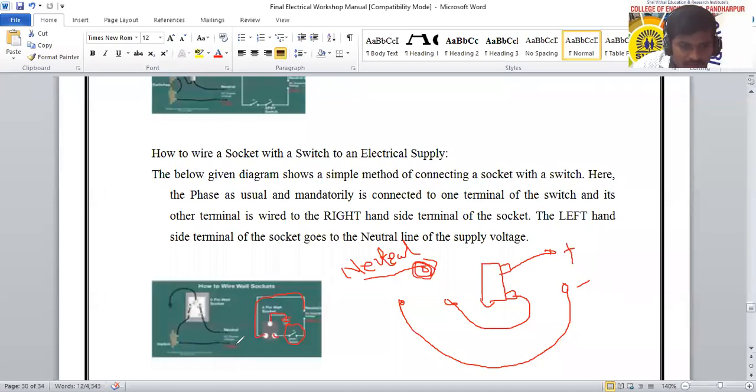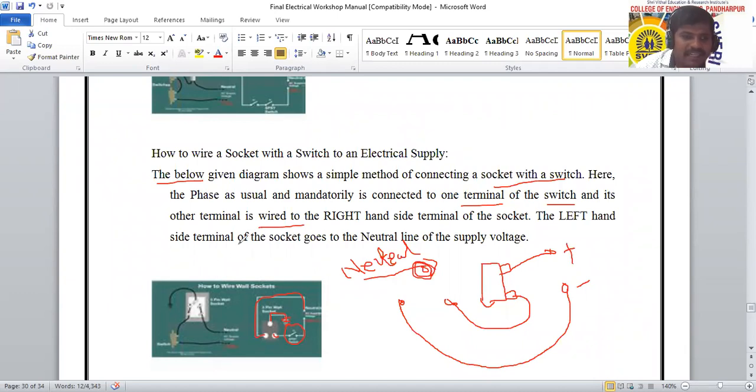Okay, now this is the below diagram shows a simple method of connecting a socket with a switch. Here the phase as usual and mandatorily is connected to one terminal of the switch. phase जे काय आहे, phase टर्मिनल किंवा पॉझिटिव्ह टर्मिनल it is connected to that of one terminal of the switch, and its other terminal it is wired to the right hand side terminal of the socket. सॉकेटचं जे काय नेक्स्ट टर्मिनल असेल त्याला other terminal of the switch कनेक्ट केलं.